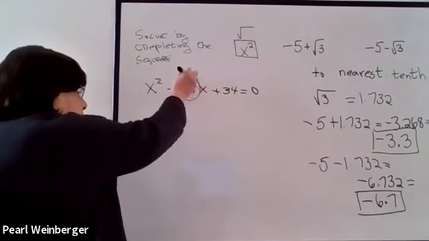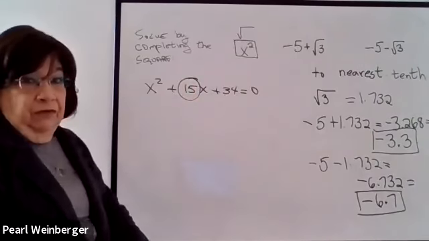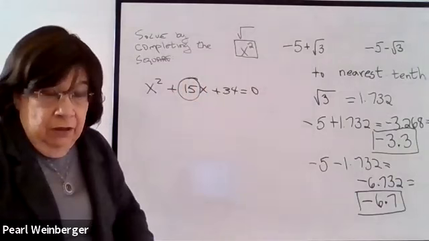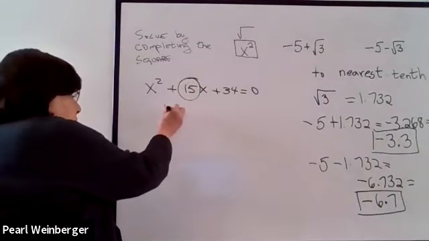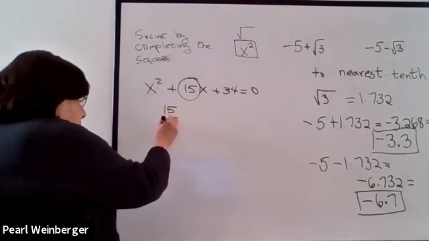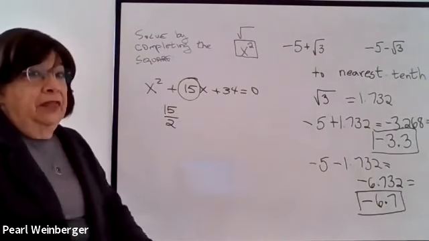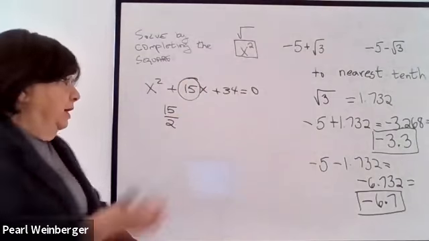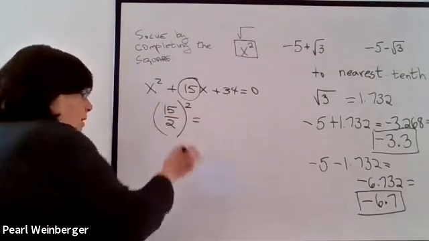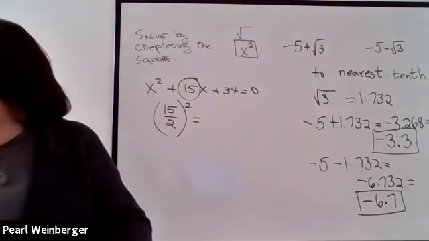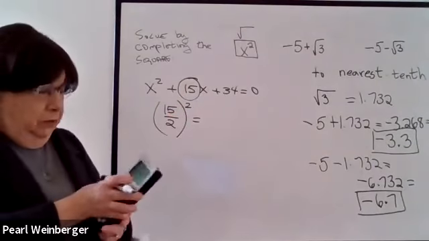Remember what we're supposed to do. We take the number that's in front of the x term and we divide it by 2. So we do 15 divided by 2, and then you square that number. Now, you can get your answer in 2 forms.